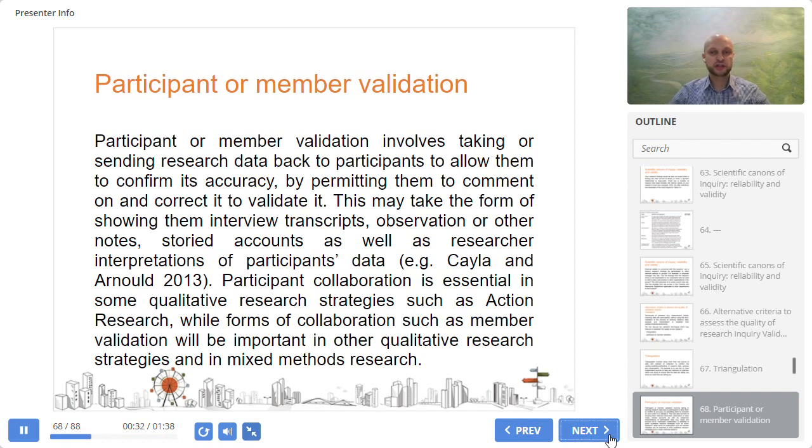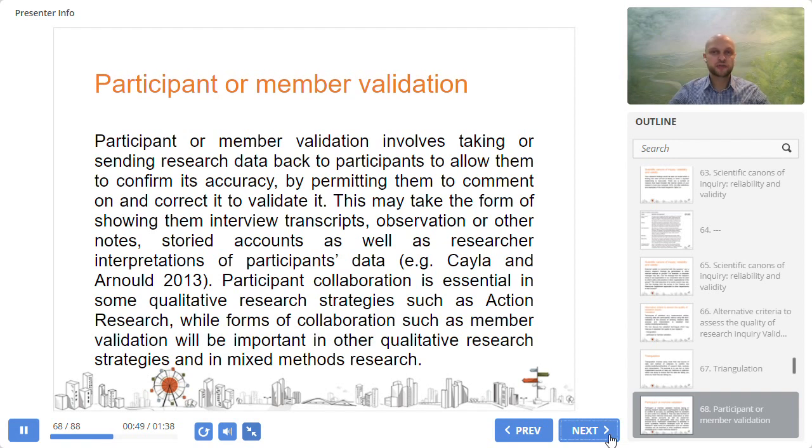Participant collaboration is essential in some qualitative research strategies, such as action research, while forms of collaboration, such as member validation, will be important in other qualitative research strategies and in mixed method research.